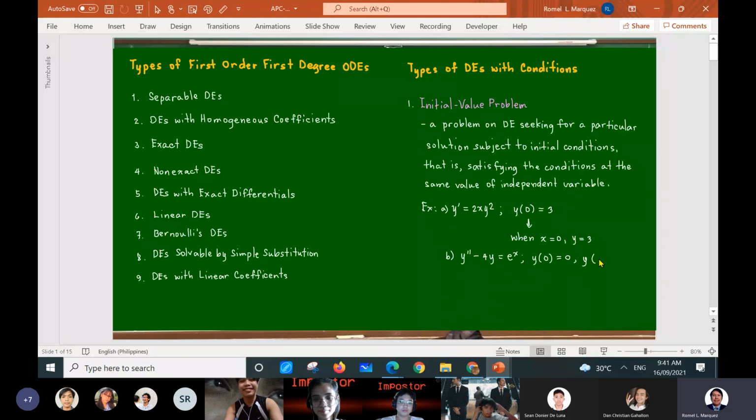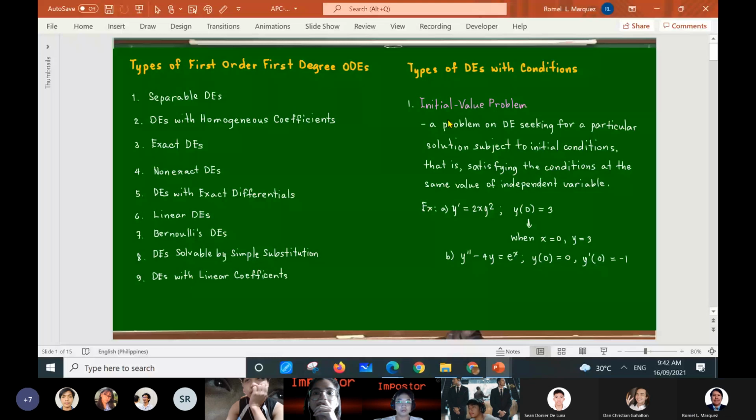When x is 0 again, the value of the first derivative is equal to -1. Notice that the value of the independent variable does not change in the first condition and in the second condition. If all the conditions have the same value for the independent variable, then we call that an initial value problem.